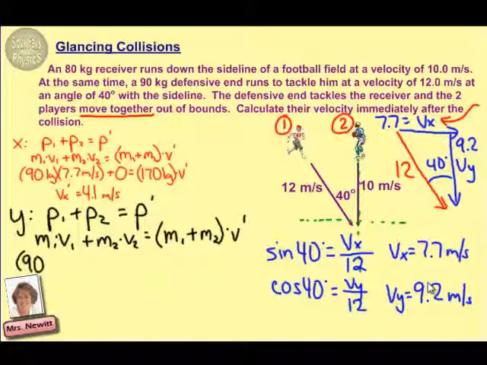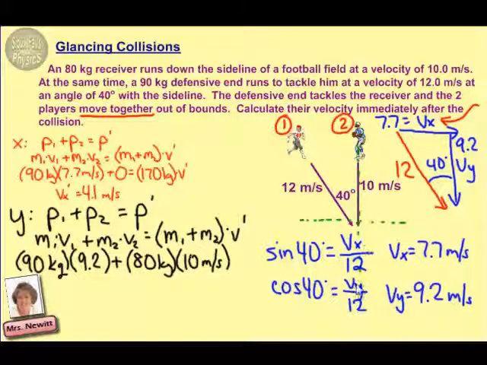So for object number 1, the 90 kilogram guy, the vertical part of his velocity was 9.2. And then notice that object 2, the guy traveling at 10 meters per second, is traveling strictly in the vertical direction. And so his 80 kilograms can just be multiplied times 10 meters per second, because his entire velocity was in the vertical direction.